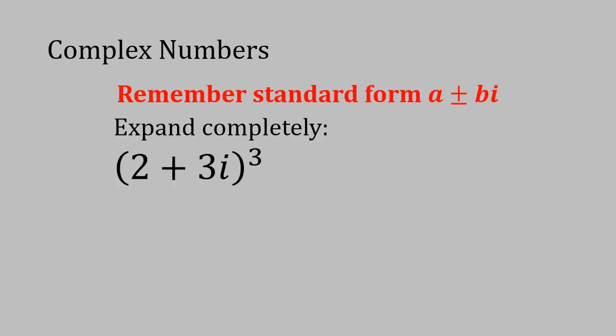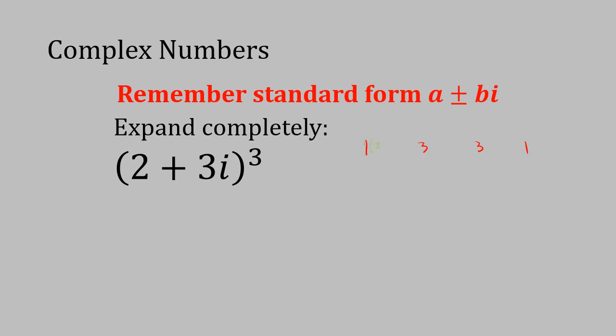And then, because a complex number by its very nature looks just like a binomial, it's subject to problems like the binomial expansion problems. And so from Pascal's triangle, we know that the coefficients of the product are going to be 1, 3, 3, and 1. And so we can just fill in what's left.